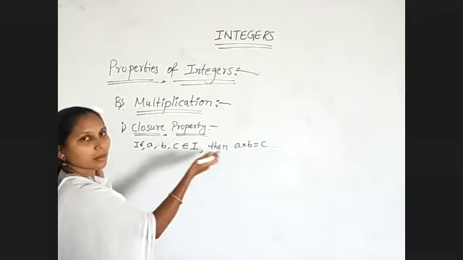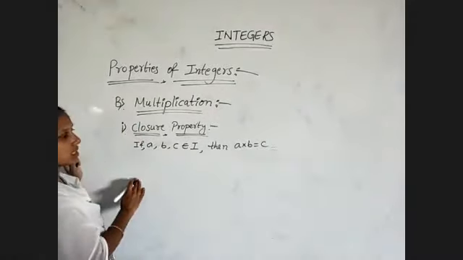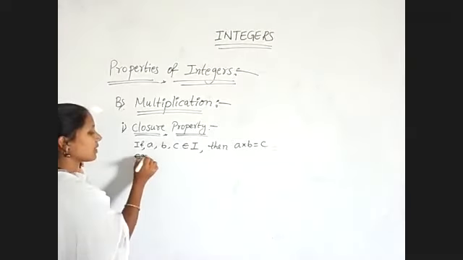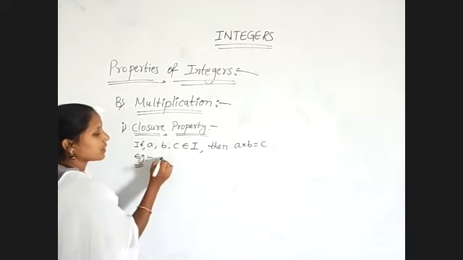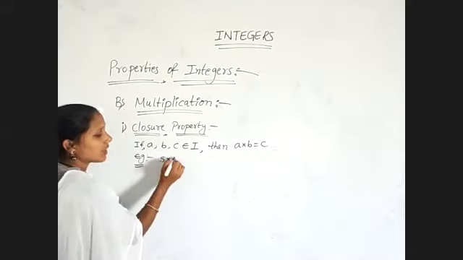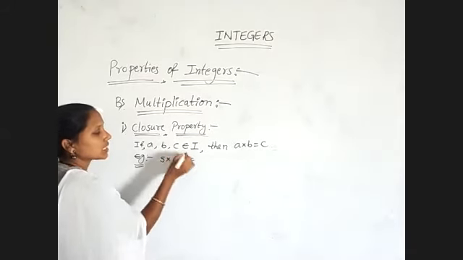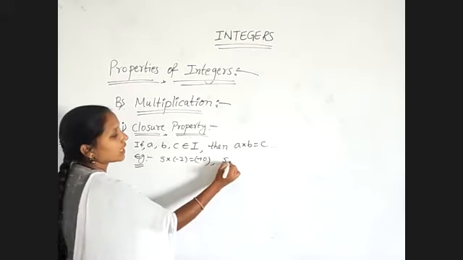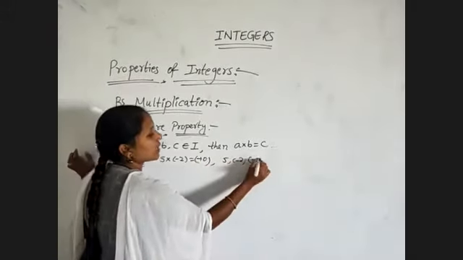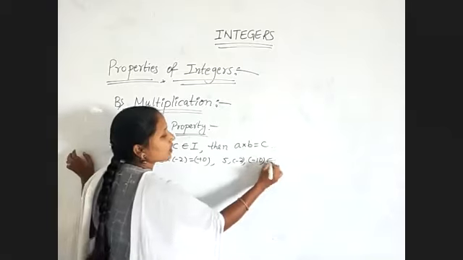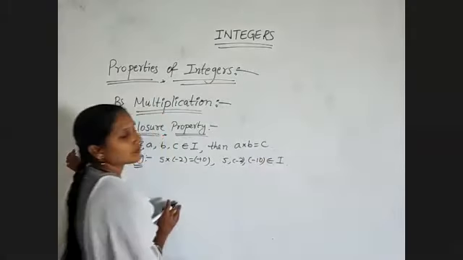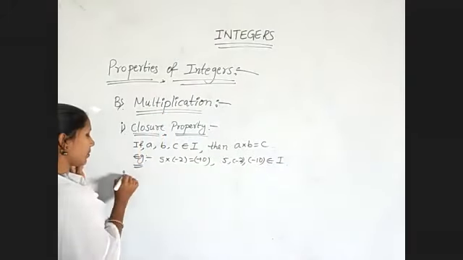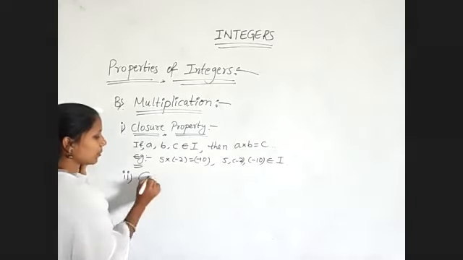For example, if a is 5 and b is -2, then c is 5 twos are 10, so -10. Here 5, -2, -10 all belong to integers. And coming to the second property, the commutative property.